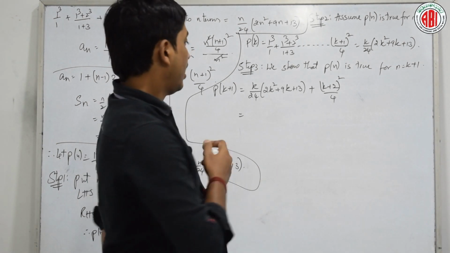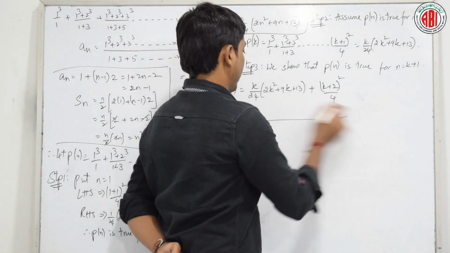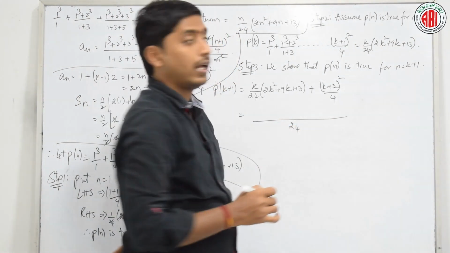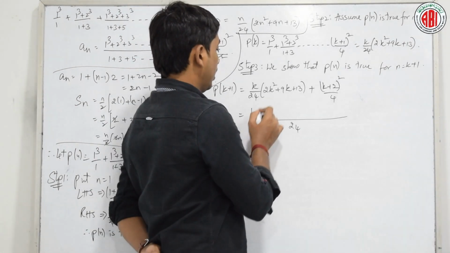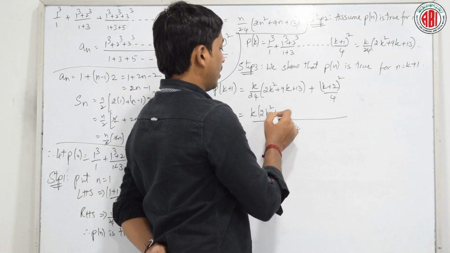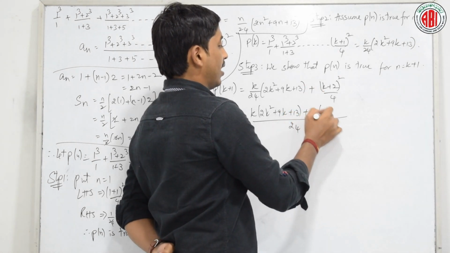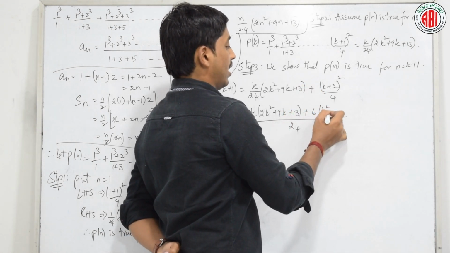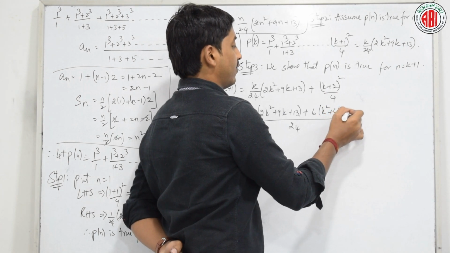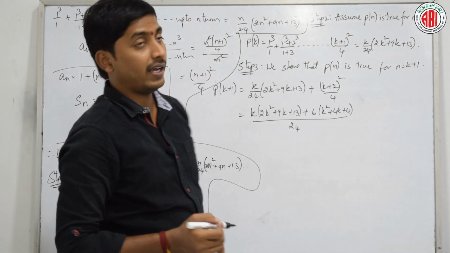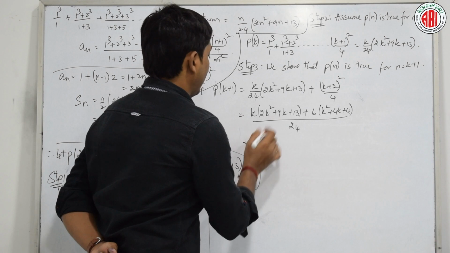Is it fine? Now let us multiply, or let us take LCM. 24 into here k into 2k square plus 9k plus 13. Here 6 will come in the numerator, this will become k square plus 4k plus 4. Now let us write it completely.